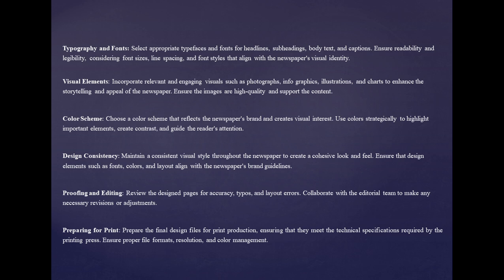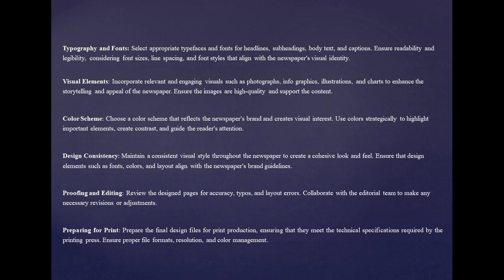Typography and fonts. Select appropriate typefaces and fonts for headlines, subheadings, body text, and captions. Ensure readability and legibility, considering font sizes, line spacing, and font styles that align with the newspaper's visual identity.